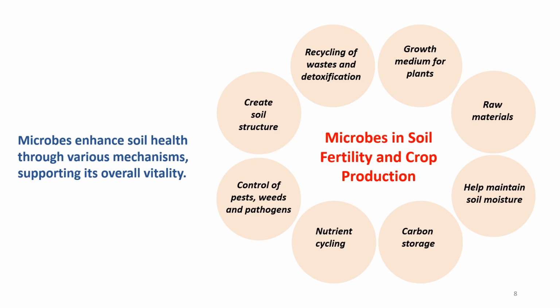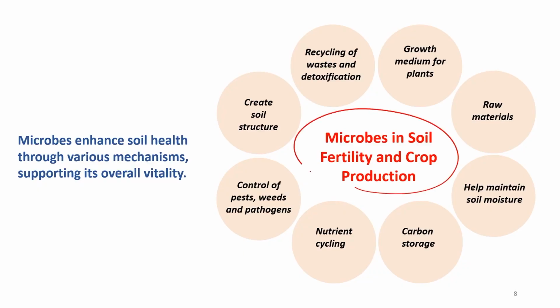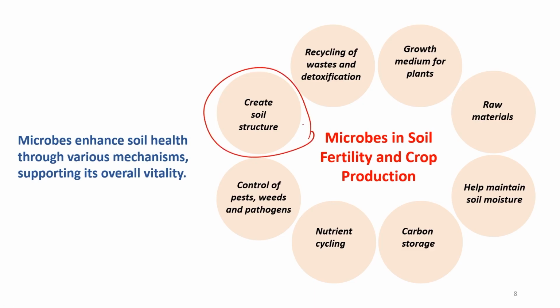So, what are the different kinds of advantages of soil microbes? They basically play a big role in soil fertility and thereby in crop production. They enhance soil health through various mechanisms and support its overall vitality. For example, they create soil structure, which we have just studied.